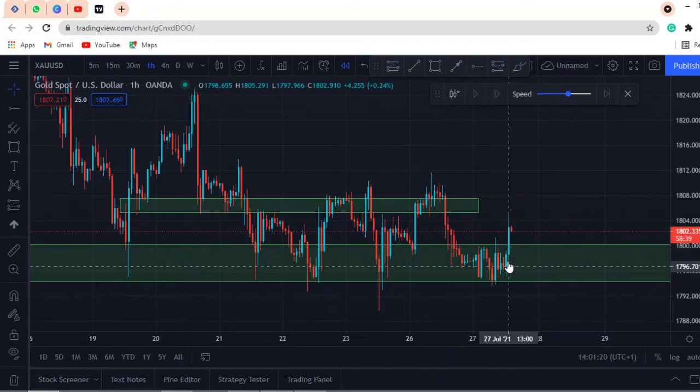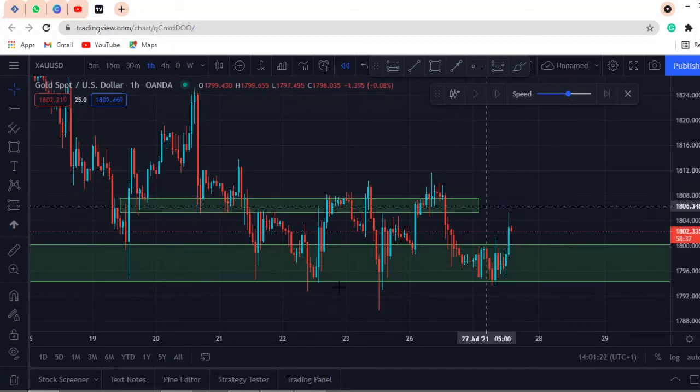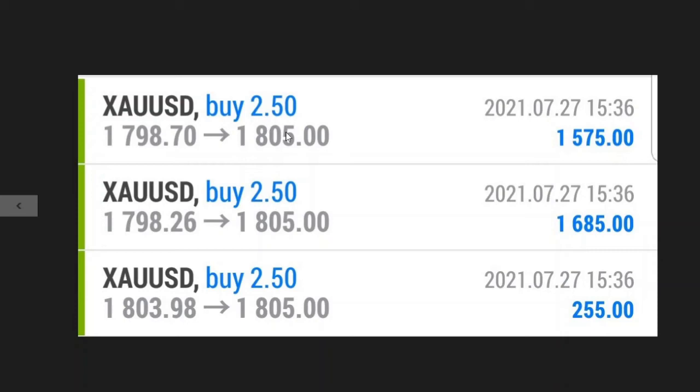This is the big move from 1798 to 1805, a trade that we took on the 27th, and it has already hit our take profit with these three, but we still have some signals running, and we are still holding to see how it will go.